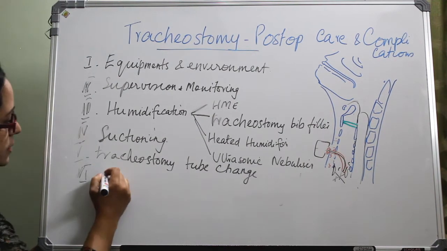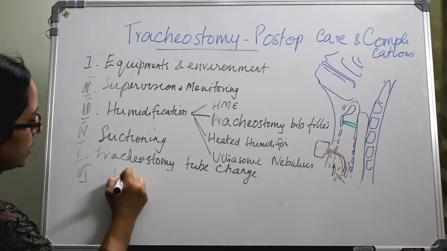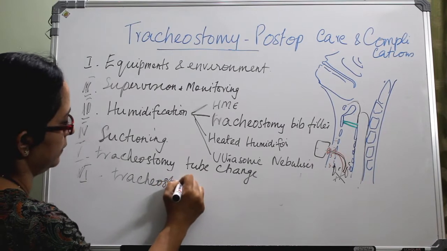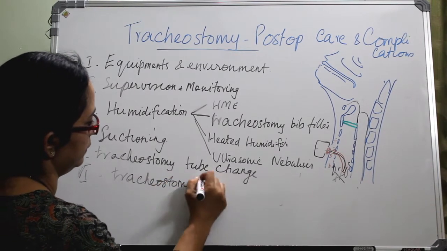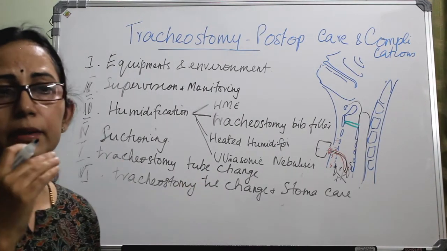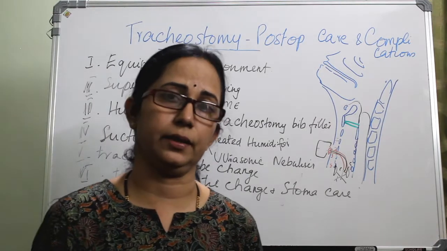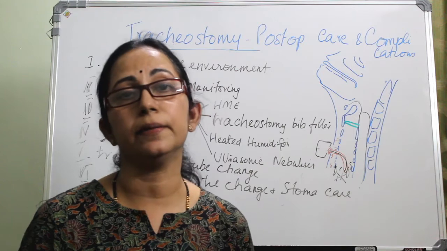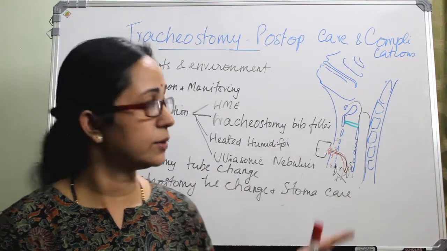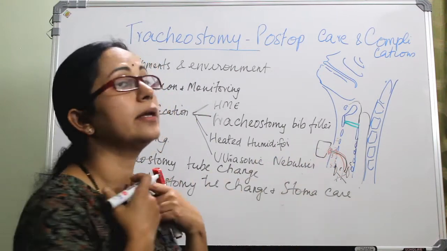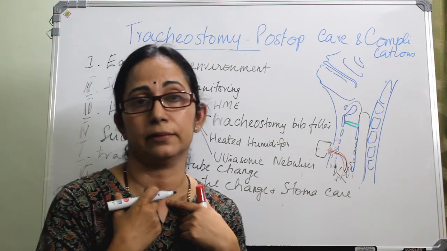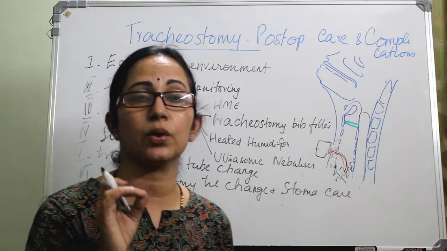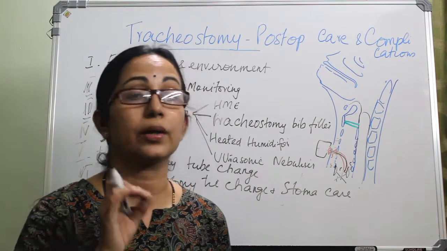Along with this comes tracheostomy tie change also. This starts from the immediate post-op period. The stoma, meaning the area on the skin, should be inspected daily for presence of infection, color change of the skin or crusting.